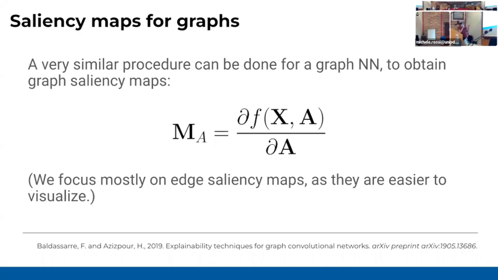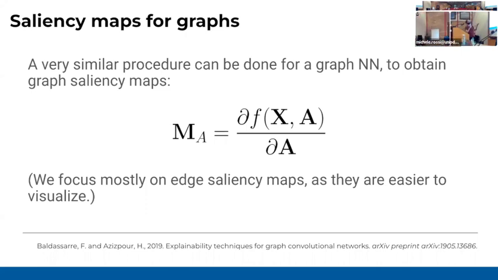And it's pretty easy to replicate saliency maps for graphs, because what you do basically is almost the same exact thing. I'm missing some absolute values, sorry. But instead of taking the gradient with respect to the input, you take the gradient with respect to the adjacency matrix. So this will tell me if I make a small change to an edge, what will happen to my prediction?